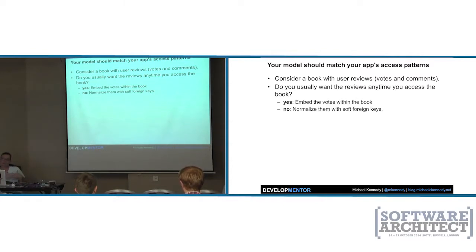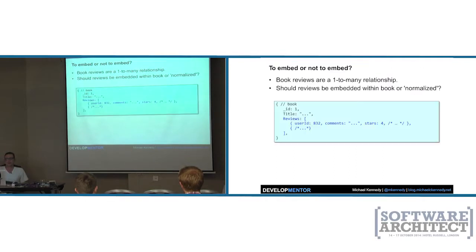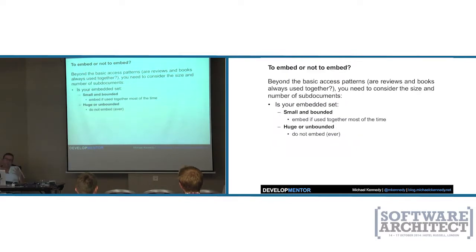It's just going to make it slower. But if it's yes, then maybe. Here's an example of what you saw. If we embed it, it becomes an embedded object. If not, there are just IDs. And the rule of thumb, beyond whether you use it frequently together, is if it's unbounded or really large, never ever do this, because of the 16 megabyte limit, which is there to keep you safe from yourself.